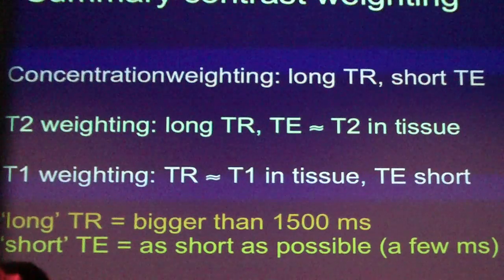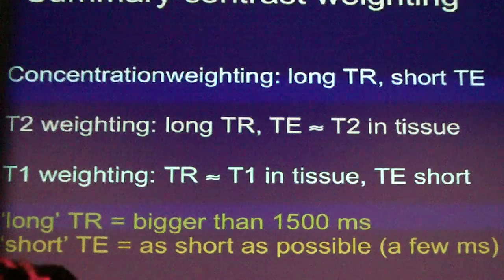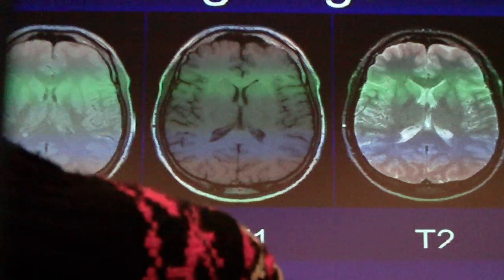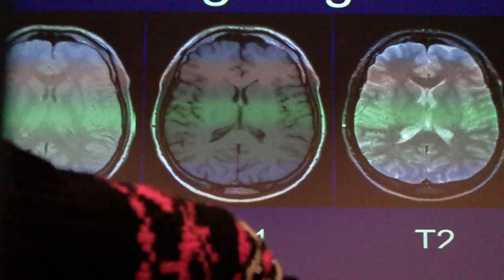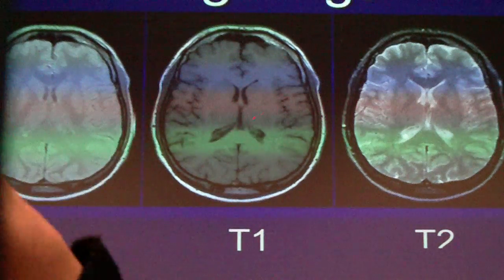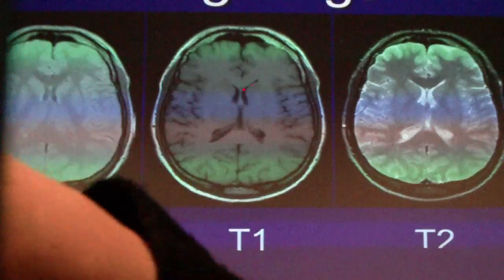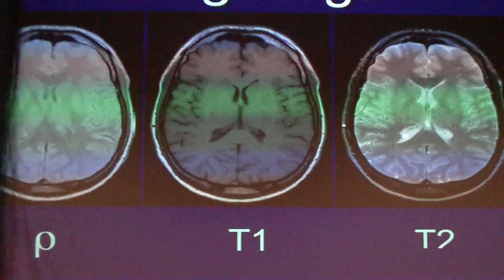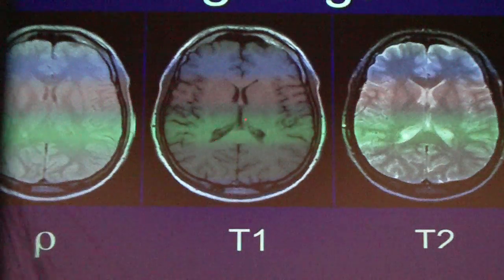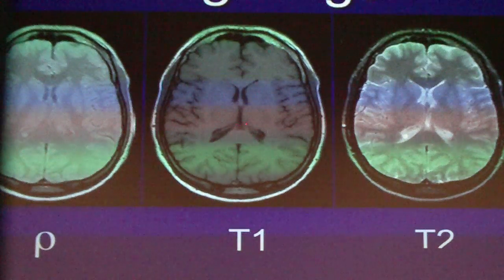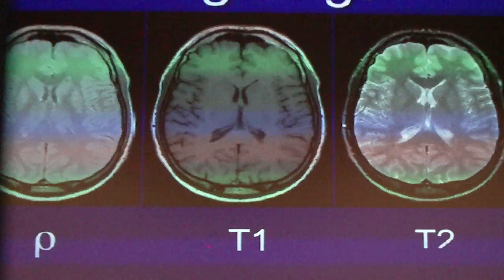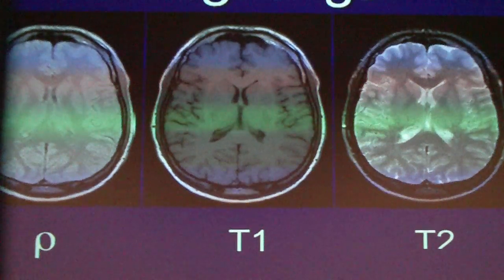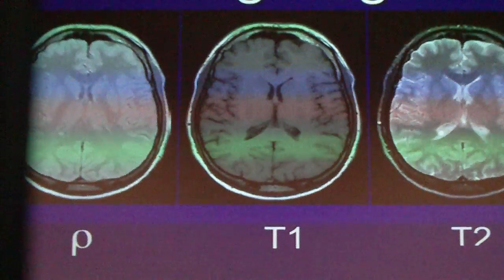This is the summary slide, but maybe we first go with an example and then back to the summary slide. So now, if you look at a brain, you have CSF here, and you see that if we have a T1 weighted image, the CSF is dark. T1 weighted means that the repetition time is not so long.